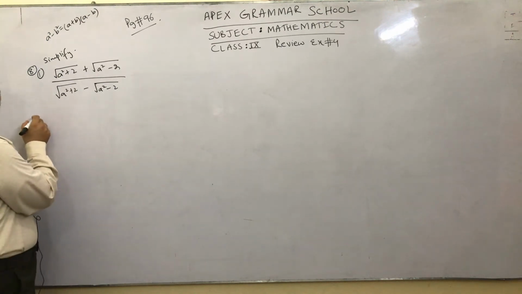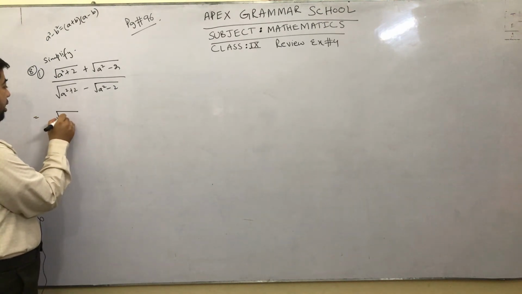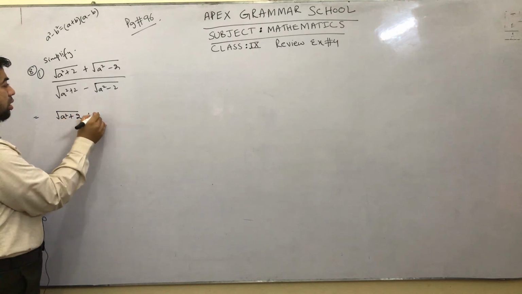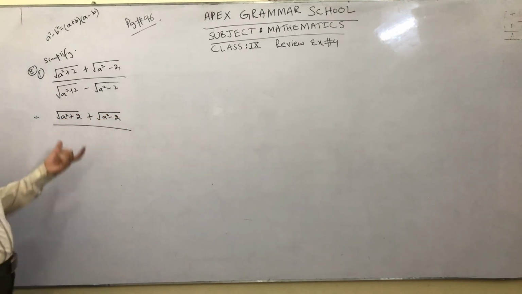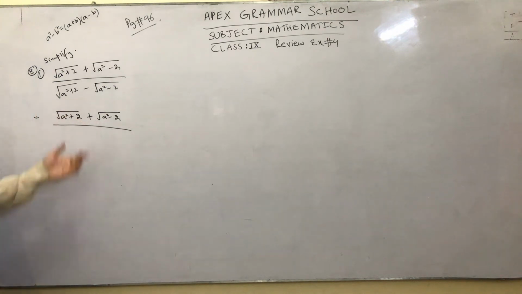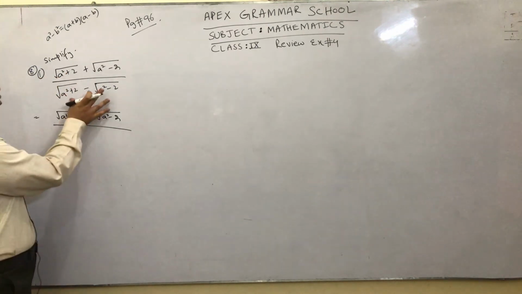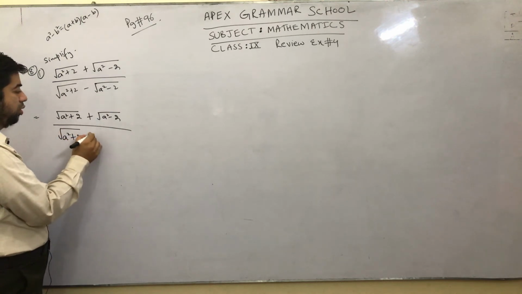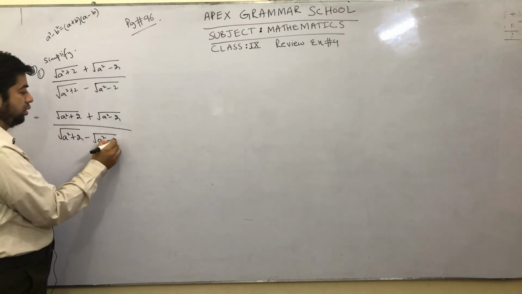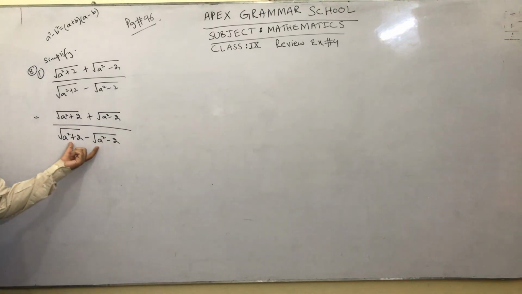So for now, you can see that a square plus 2 plus a square minus 2 on the numerator is an irrational part. But in the denominator, it is also an irrational part. So first of all, we just have to rationalize it. You very well know how we can rationalize it.